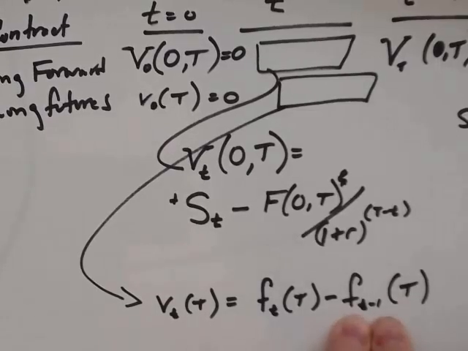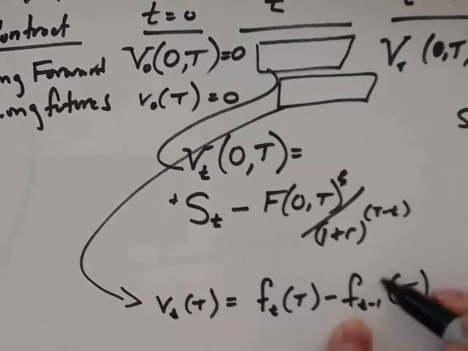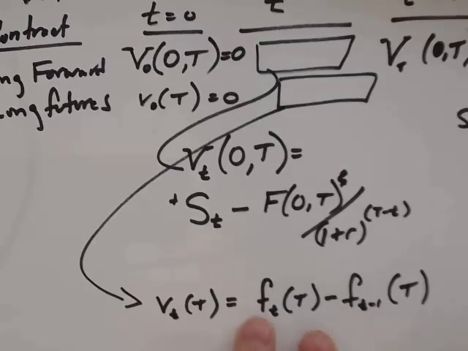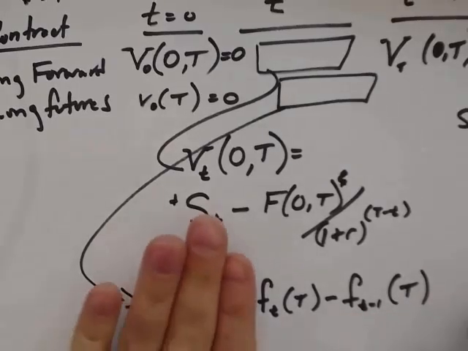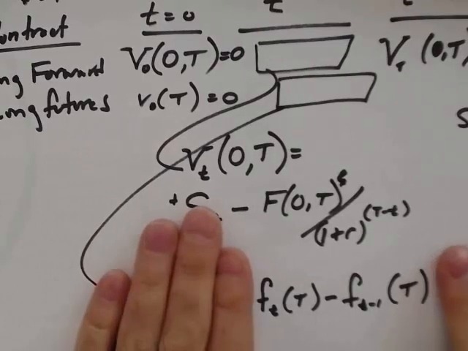So t minus 1, if we look at this in days, is the futures price the day before. We're counting t in terms of days here. And so this difference represents the gain or loss for a single day.